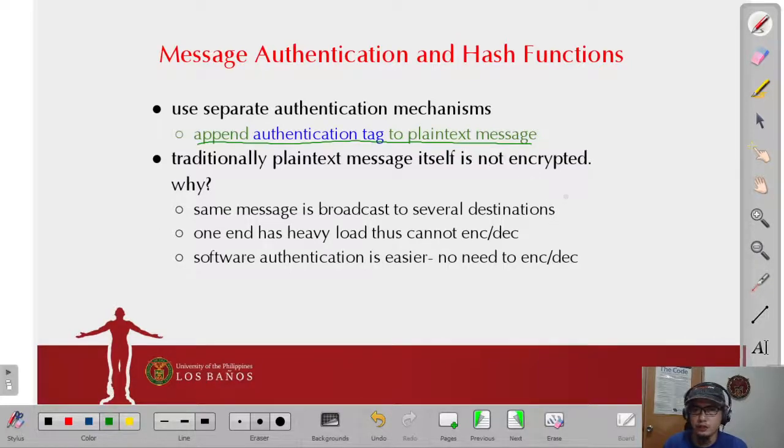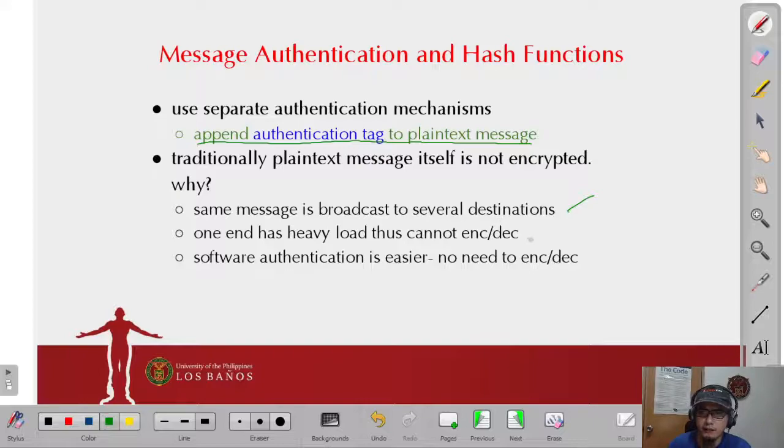Some reasons why the plain text message is not encrypted are the following. The same message is broadcast to several destinations, so there's no need to let everyone do the decryption of the message. Just let one entity do the authentication and just send the message to the rest.